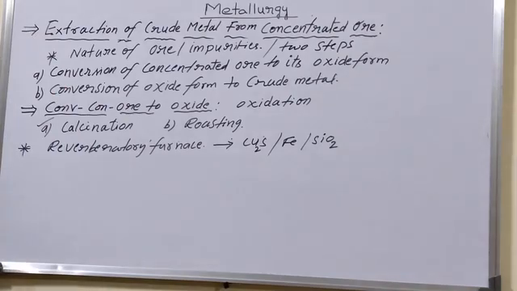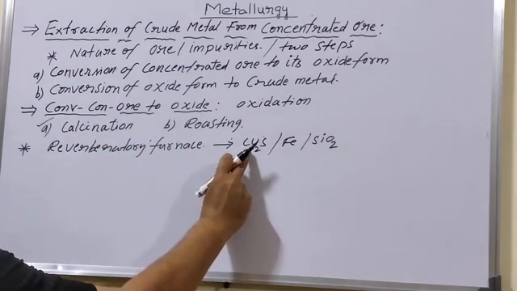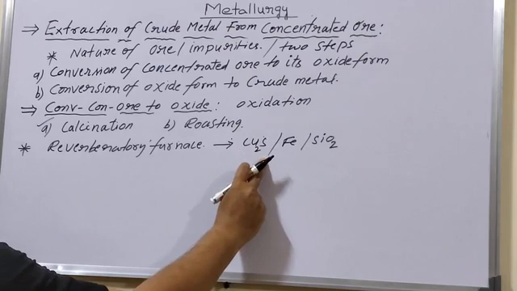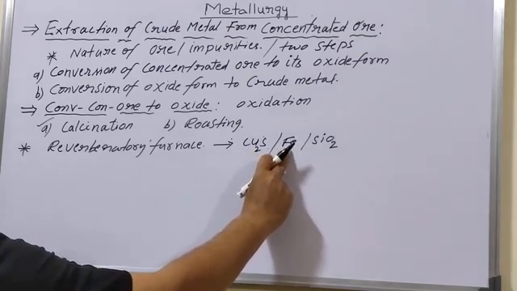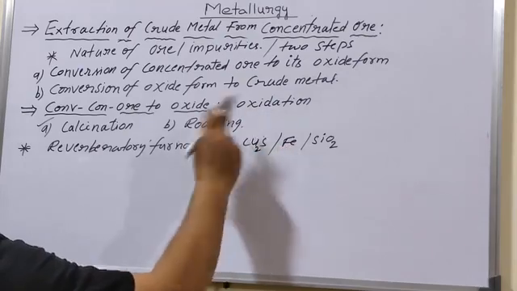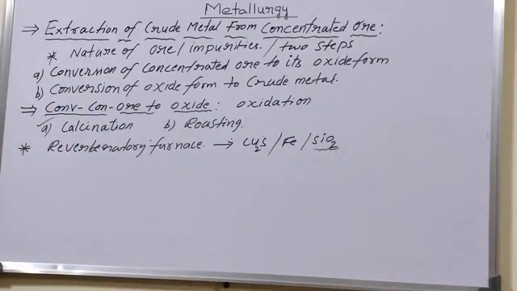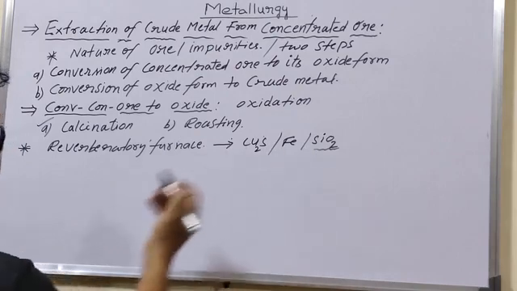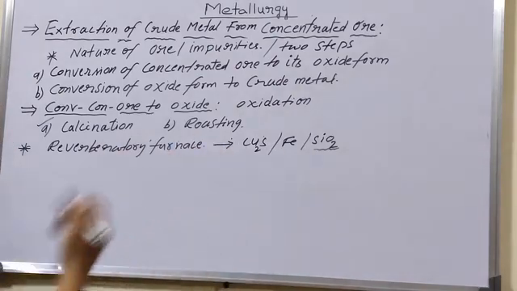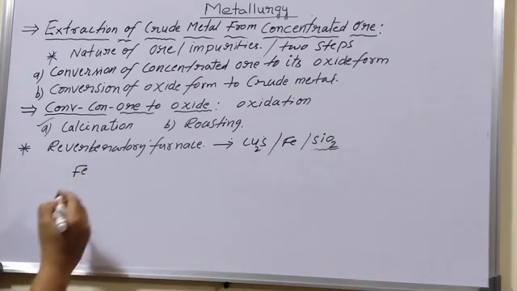before heating. So where you are doing the roasting process of copper sulfide, if it contains iron impurities, before heating only silica is going to be added. What happens is this iron and silica react with the copper sulfide and form iron silicates.